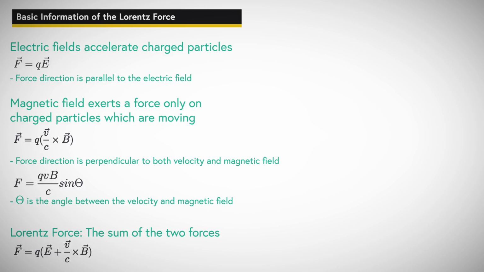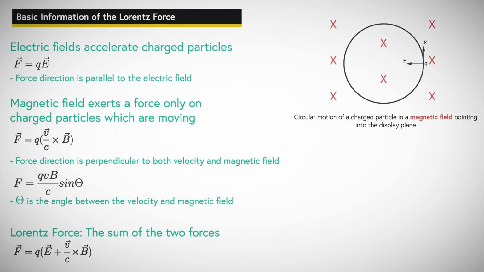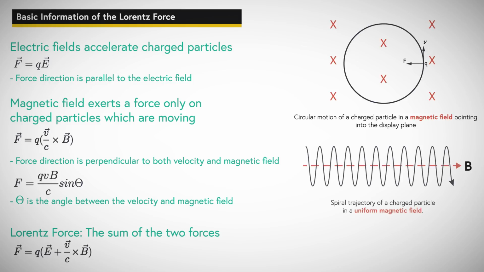Therefore, the particle cannot gain energy, but the trajectory is bent. As a result, if we look at the motion projected on the plane perpendicular to the magnetic field direction, in balance with the centrifugal force, the charged particle moves in a circle. In three-dimensional space, the motion describes a spiral.